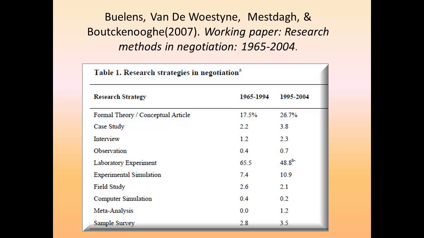Bullens and others at the University of Ghent wrote a working paper on research methods in negotiations, 1965 through 2004. The authors analyzed 941 peer-reviewed negotiation articles published between 1965 and 2004.